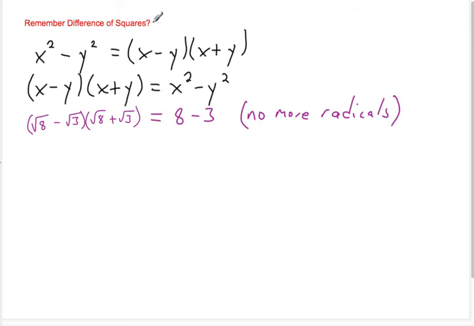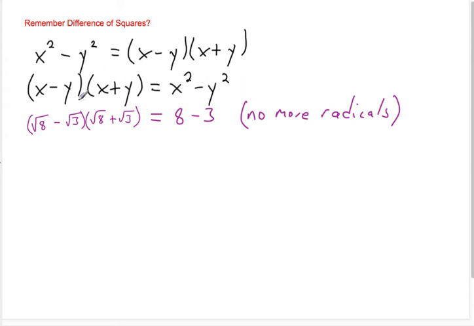Remember difference of squares. It's coming back because it's a helpful property here. So x squared minus y squared equals x minus y times x plus y. Well, the converse of that is also true, where x minus y times x plus y equals x squared minus y squared.